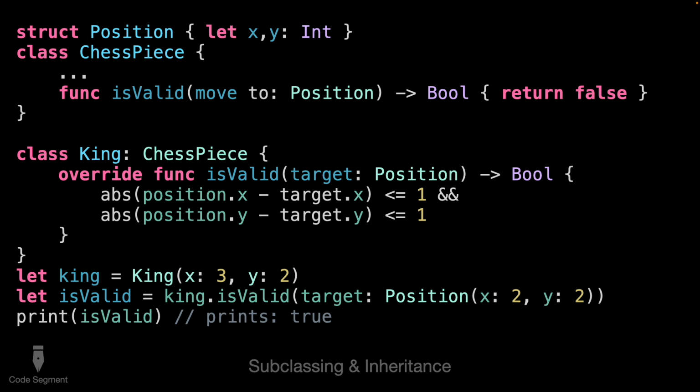I'm going to behave in exactly the same way as it, except for whatever I make different, all right? So here, if for example we didn't have this method, isValid, if we didn't have this change here, then king would act exactly the same as chess piece, okay? It has the same stored properties, it has the same method, isValid, and it would just behave in exactly the same way.